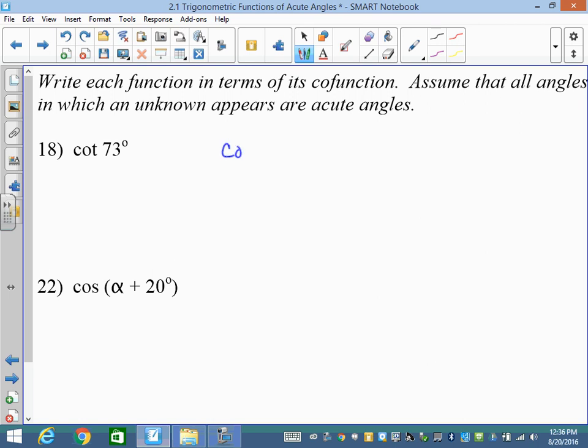Cofunctions: cotangent of A is equal to tangent of 90 minus A, and in this case A is 73.